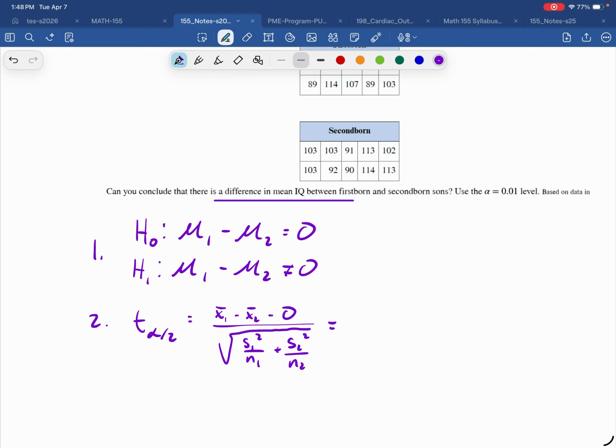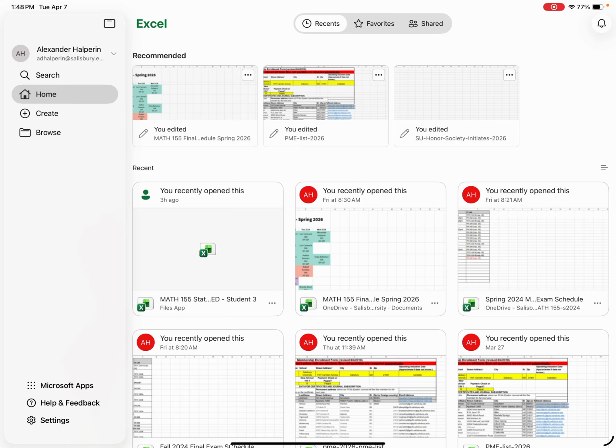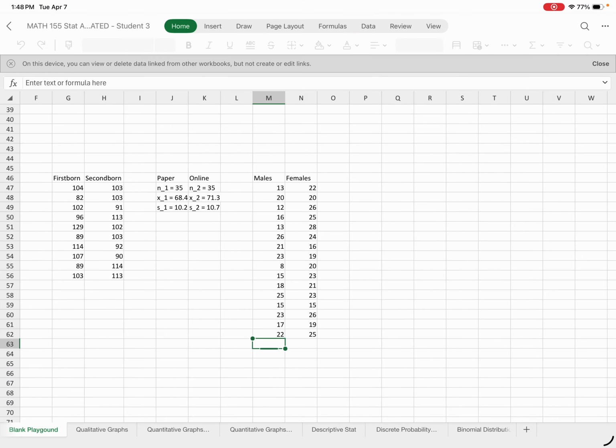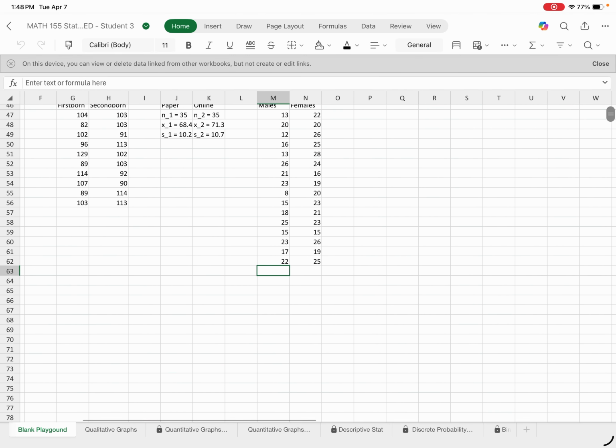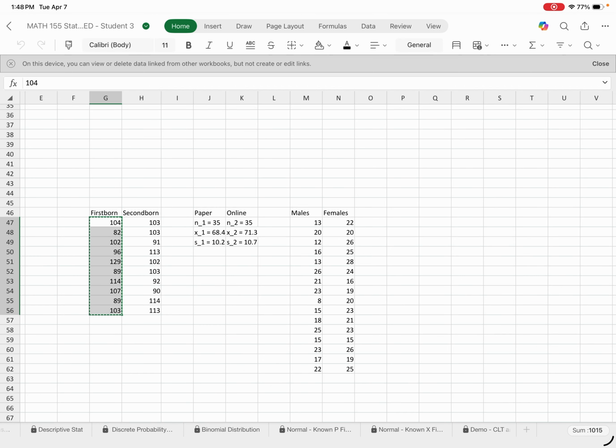So even though we're doing this by hand, I am still going to use Excel. Hold on a sec, here we go. We have this data, and we'll stick this over in two sample T. There you go.